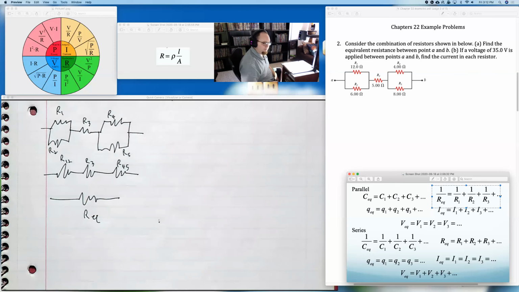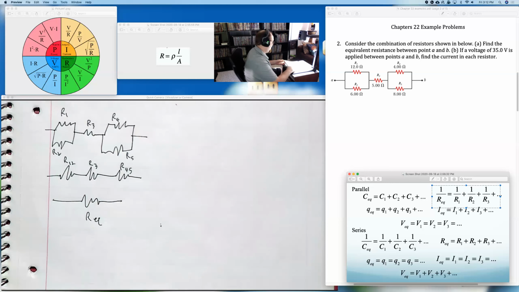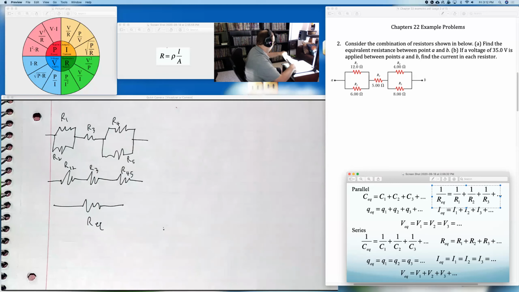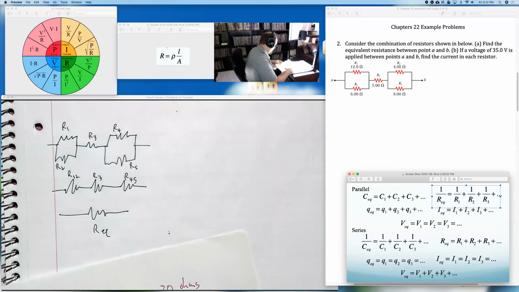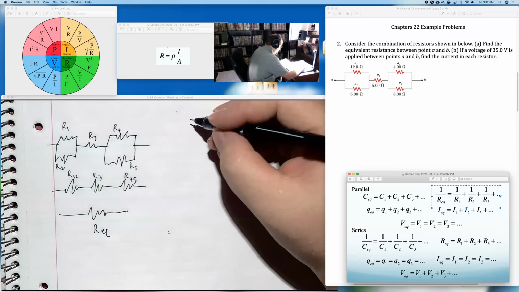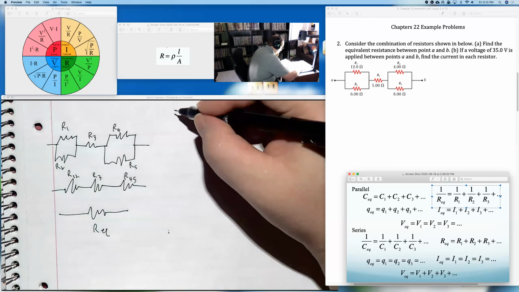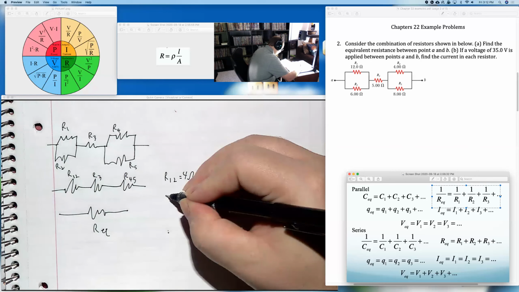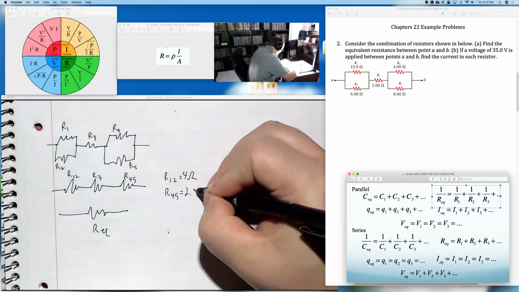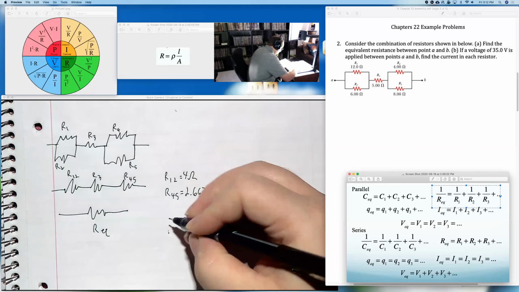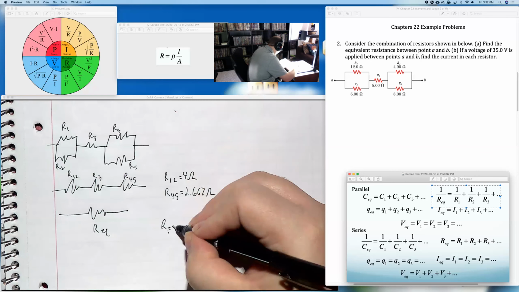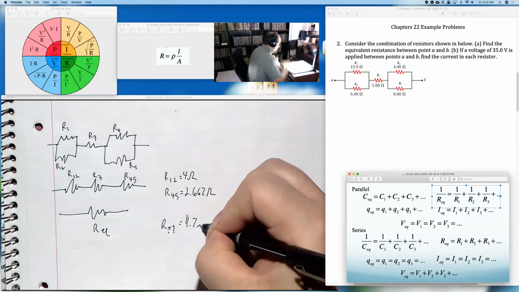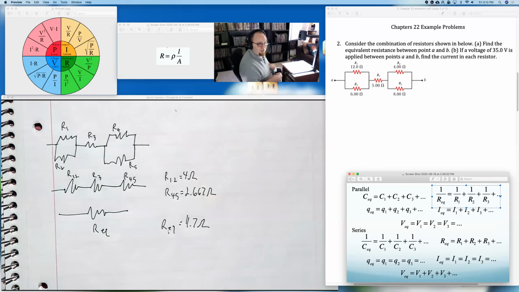So I'll be pulling numbers from the other page as I continue. So we know R12 is 4 ohms. R45 is 2.667 ohms. And down here, R equivalent equals 11.7 ohms. Okay, collecting that information again.